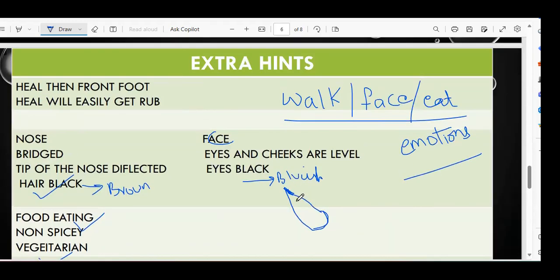So this is his emotion. So how he is walking, how his face looks, what type of food he eats and what type of emotions he has, this will matter, and you will get the point to treat the patient. You can know the temperament, and you can easily treat the patient.